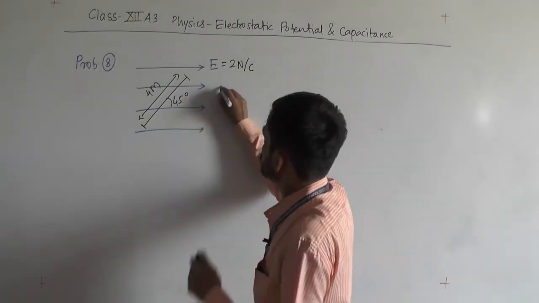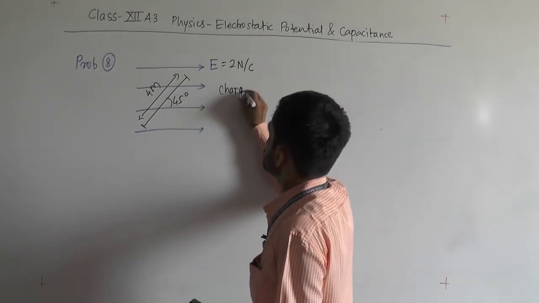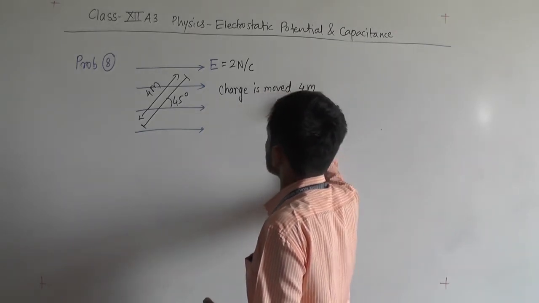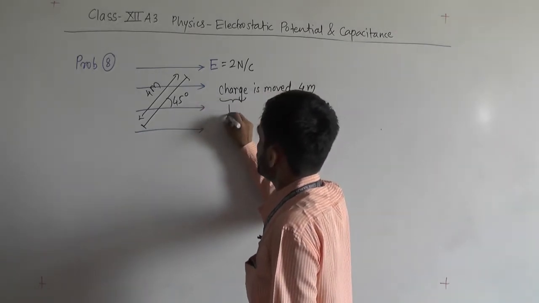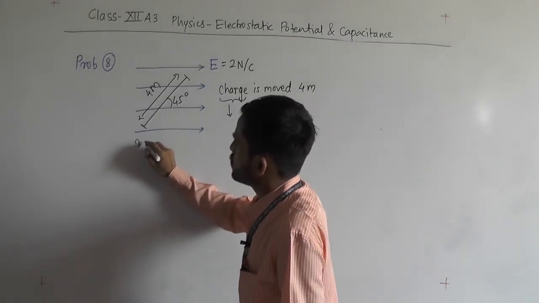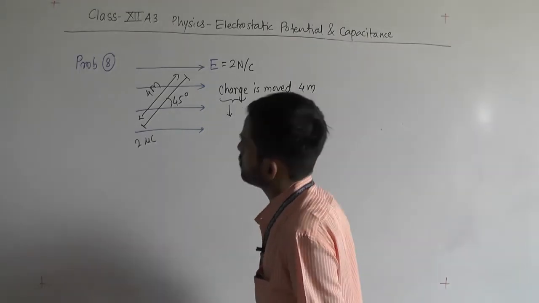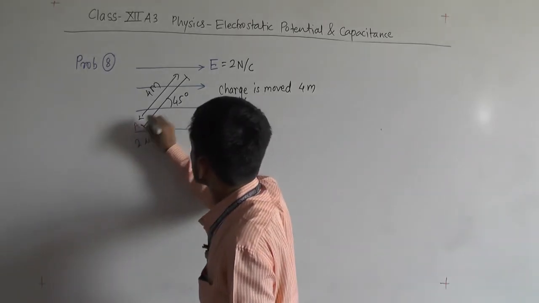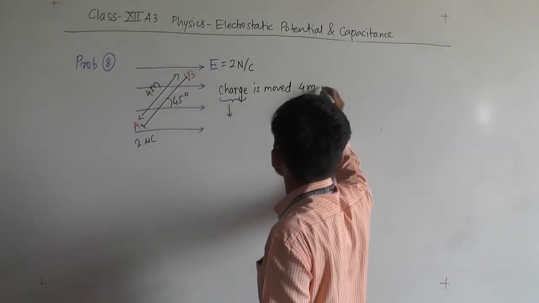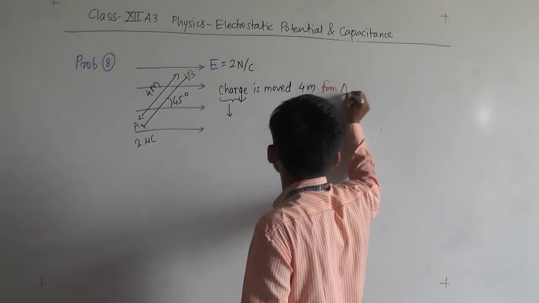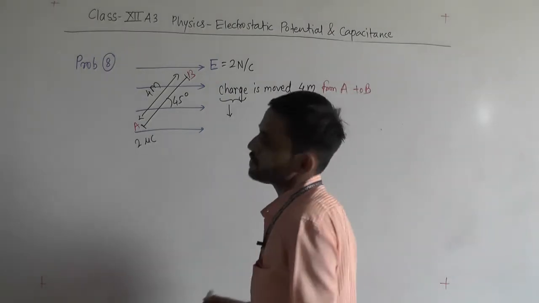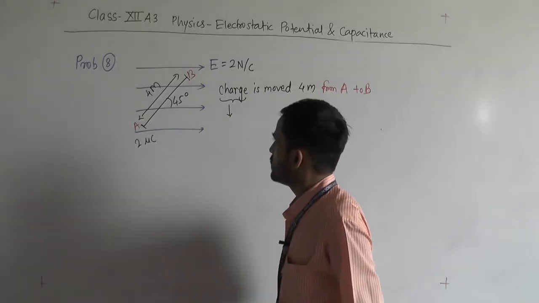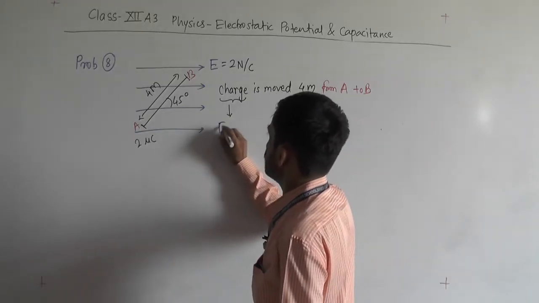So charge is moved 4 meter. Charge suppose 2 microcoulomb is moved from A to B, 4 meter from A to B. Same type of problem, for your practice, yes? Find work done.